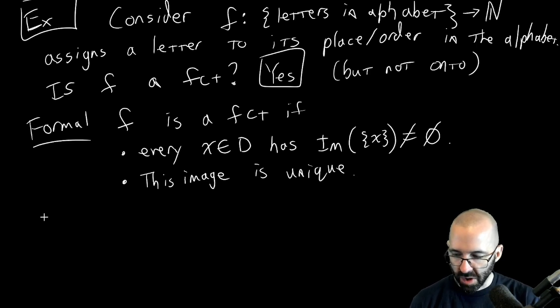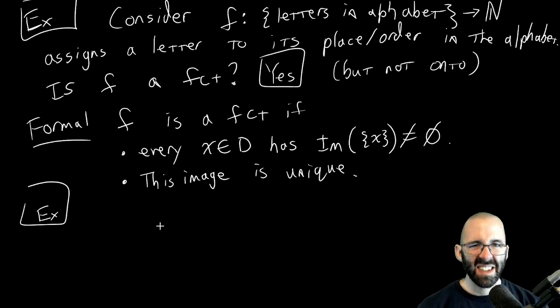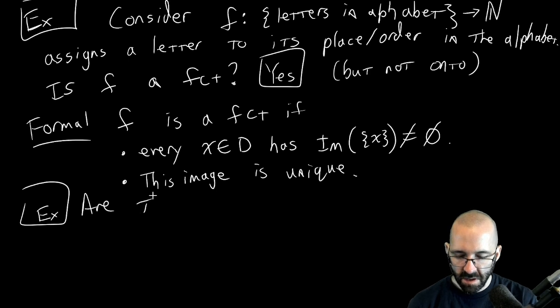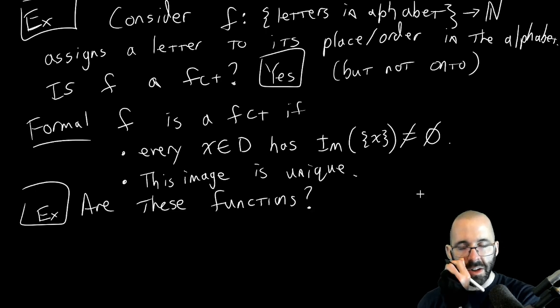All right, let's do some more examples. Just one more example. Well, it has 3 parts. Is an example with 3 parts really just one example? I don't know. Are these functions? What I want you to do is pause the video once I've written them all down, think about it, and see what you say. So this first one, let's say, has the letters A, B, and C in the domain.